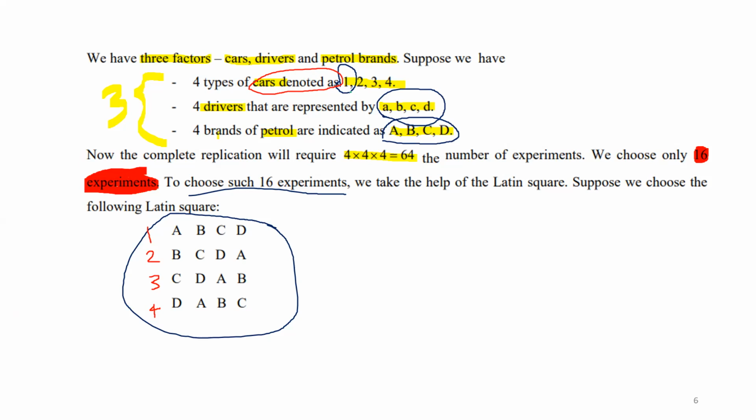This green-colored A, B, C, D represents the drivers' effect. Then the middle part represents the brands of petrol, the capital A, B, C, D.